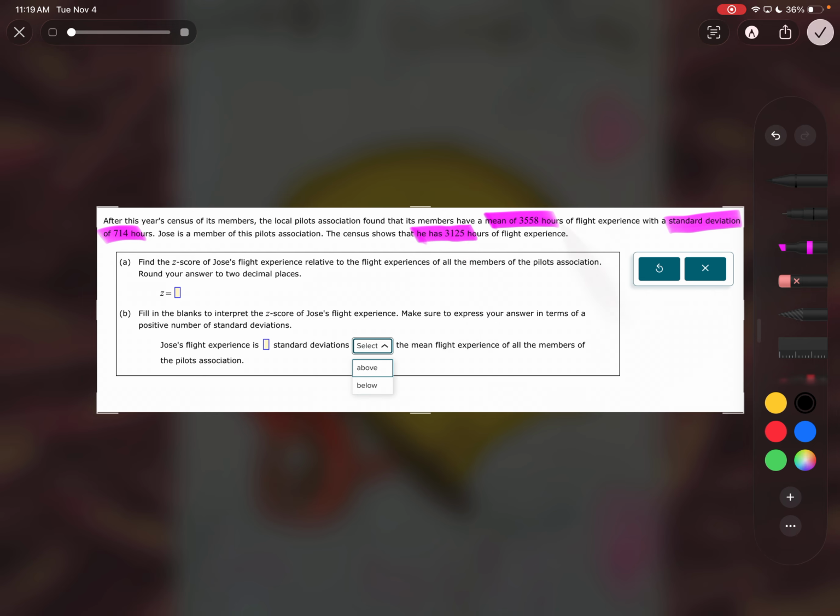So again, if I was going to label those, this is my mean, this is my standard deviation, that's my x. So z equals x minus the mean divided by the standard deviation. 3125 minus the mean divided by my standard deviation.